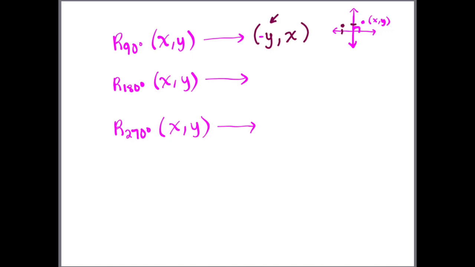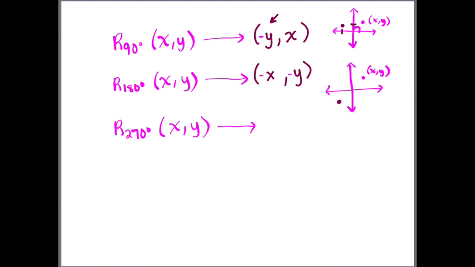So visually seeing this. The rule for 180 degrees, what happened there? We kept the order exactly the same, but we changed our signs. So let me visualize that. Why is that true? If I started off at point x comma y in the first quadrant, 180 degrees would be somewhere down here.